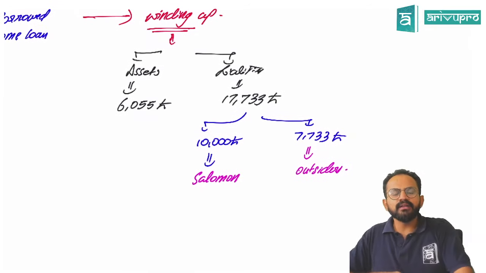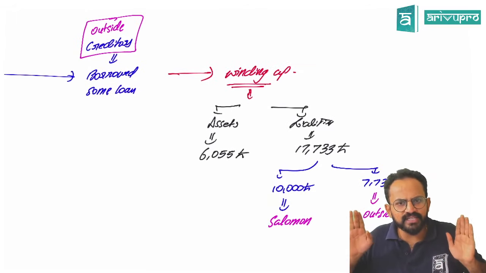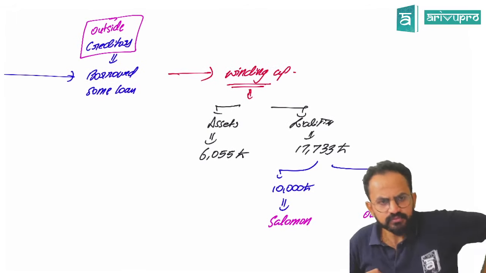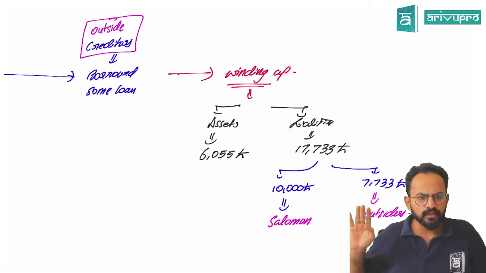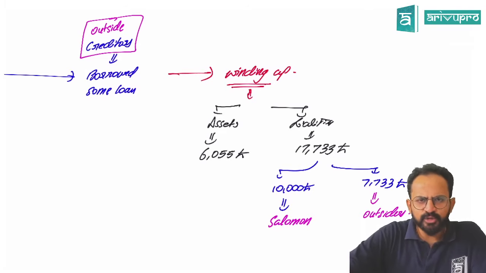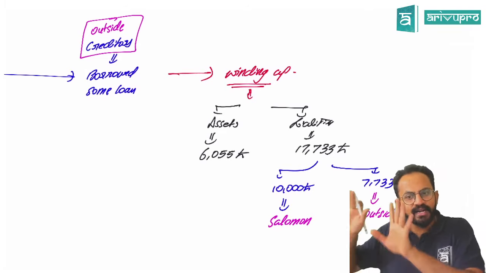Promise on yourself and tell me, till now do you have any doubt? So far, have all of you understood? You would have seen this case law in many places, but this is what actually happened in depth.